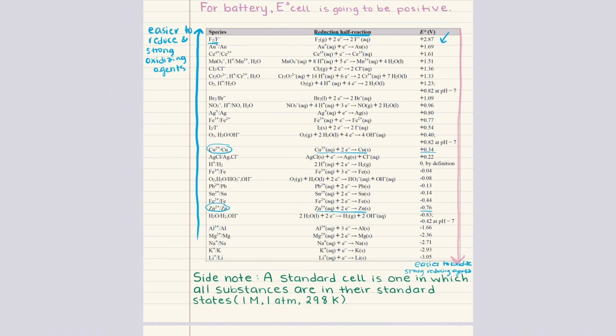There's also a natural complementary idea here. If we conceptually flip a reduction half reaction to write it as an oxidation, the sign flips as well. The resulting quantity is called an oxidation potential. So a species that has a very negative reduction potential will have a very positive oxidation potential, which means it is very easy to oxidize.